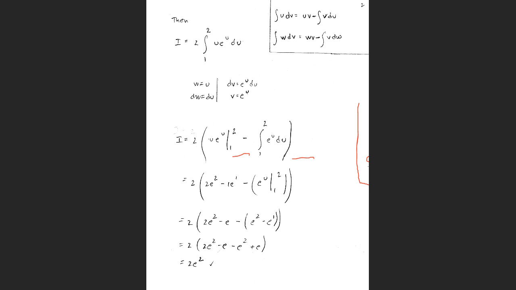Well, and also, let me ask you this. We started out with the integral of u times e to the u du. When we did the integration by parts using this assignment of w and dv, we get an integral with u squared over 2 times e to the u du. Is that more complicated than the integral we started with?